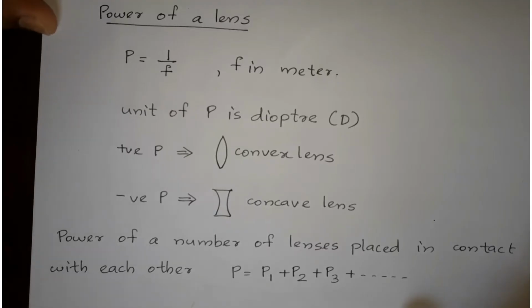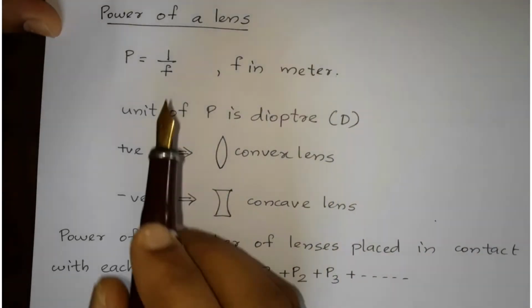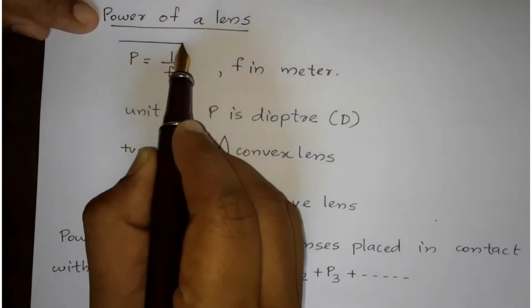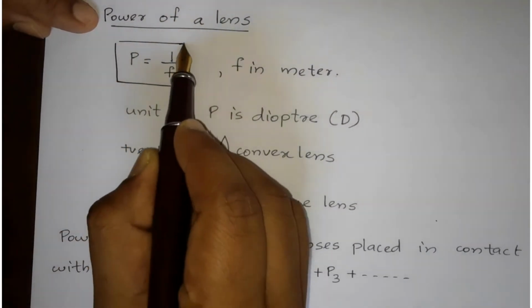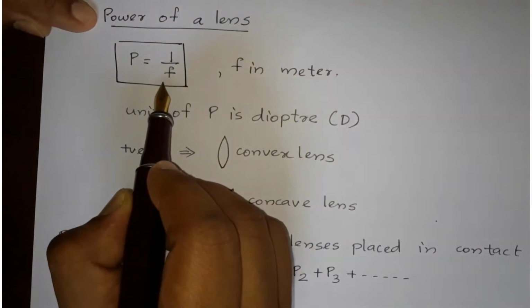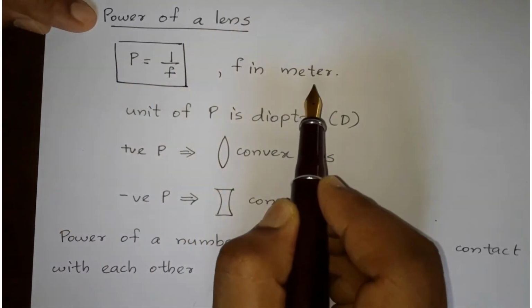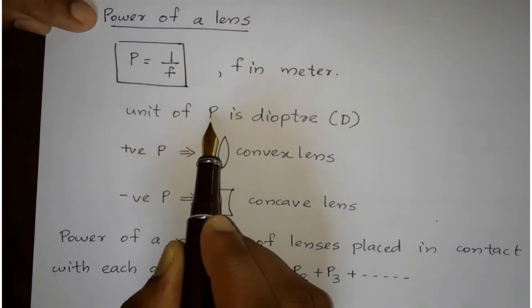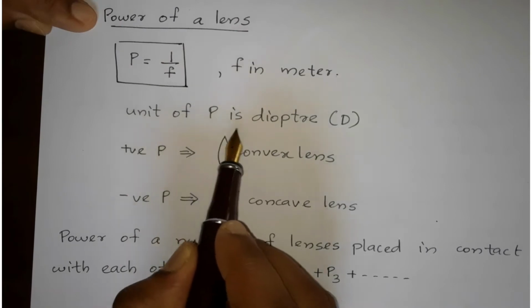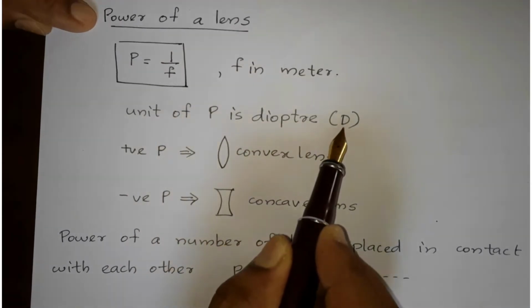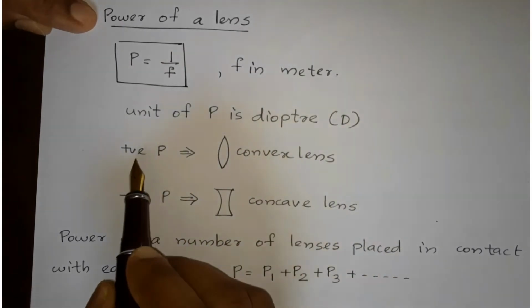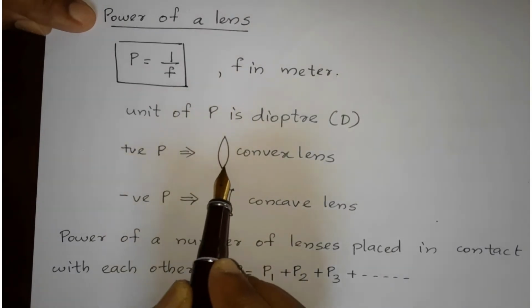Next important point is power of a lens. P, power, is defined as 1 by f, where f is the focal length and f should be in meters. Unit of P, power of lens, is diopter, denoted as capital D. And if power of a lens is positive means it is convex lens.